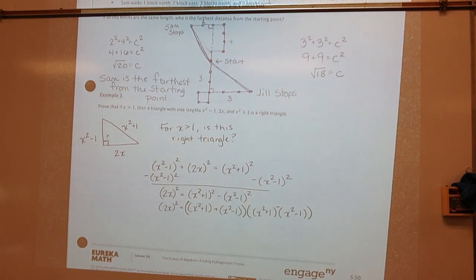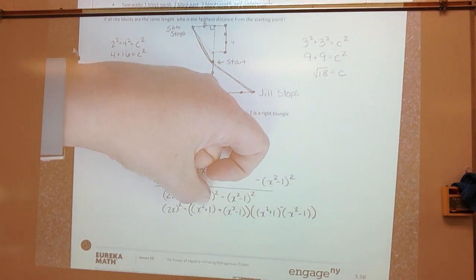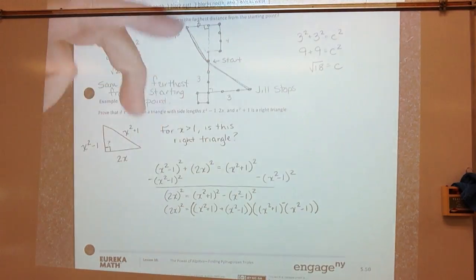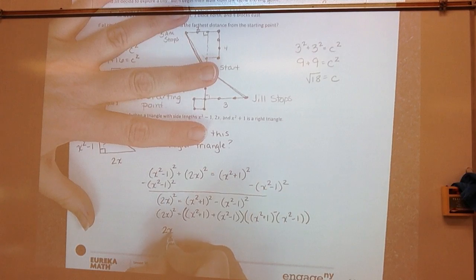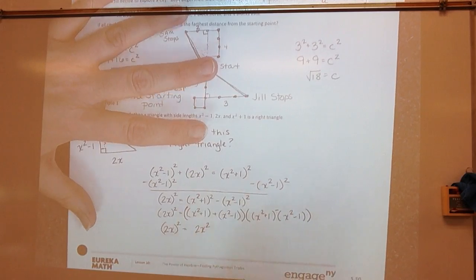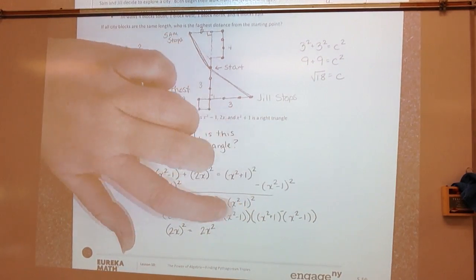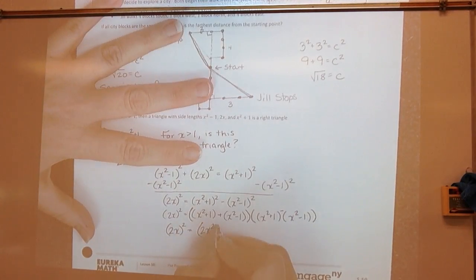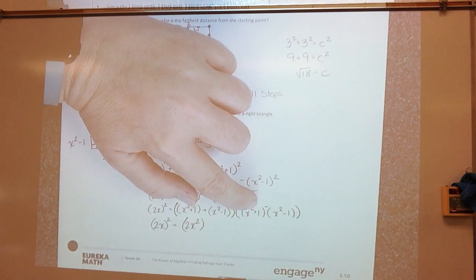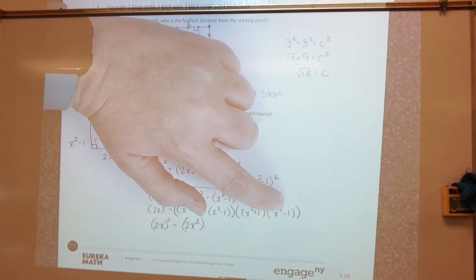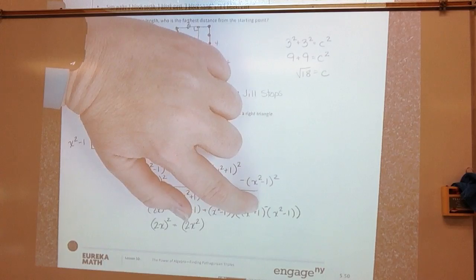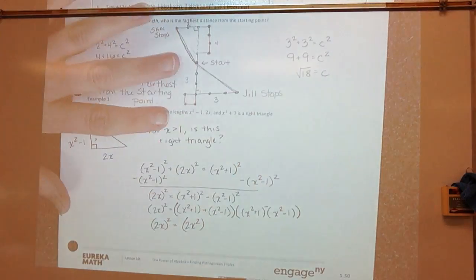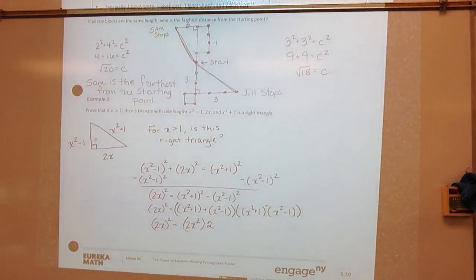So let's look at this. Go ahead and combine what's here. x squared plus x squared gives me 2x squared, and plus 1 minus 1, they cancel out. Guys, x squared minus x squared cancel out. 1 minus a negative 1 gives me a 2.